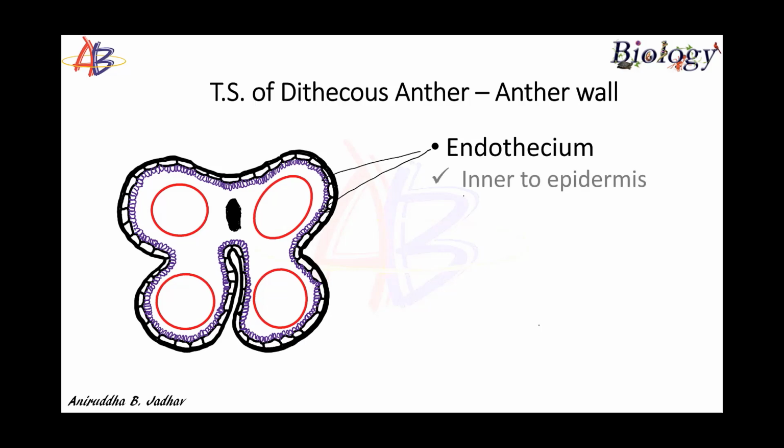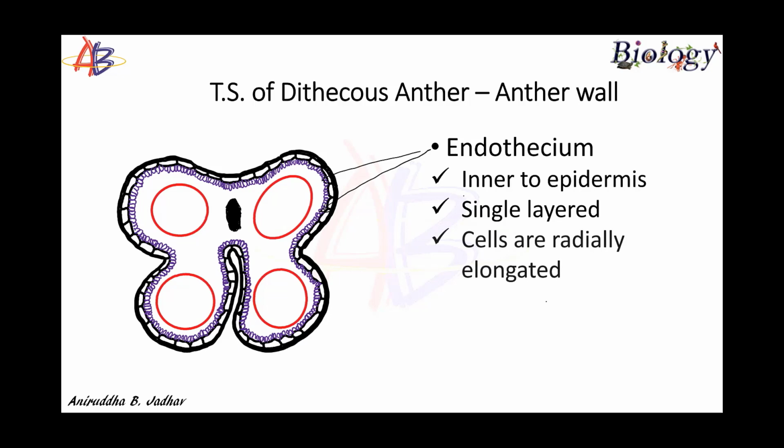It is also a single layer and common for all four pollen chambers. Cells of the endothecium layer are radially elongated and they exhibit fibrous thickening of callose. So the endothecium cells are connected to each other.